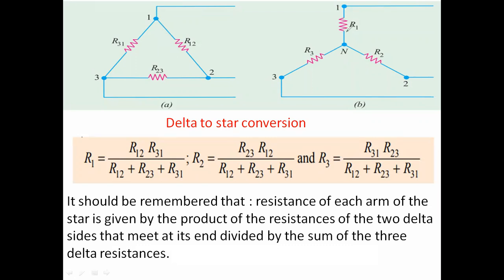So this is the star network. I am just writing this star network in the place of delta. This is R1, this is R2, and this is R3.